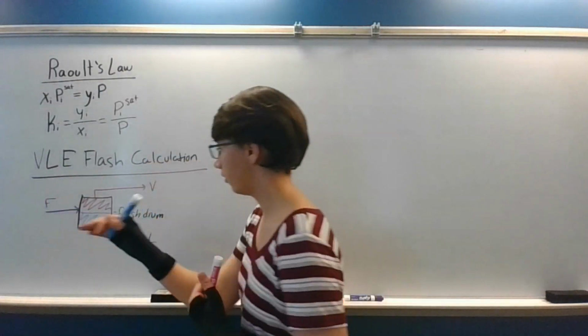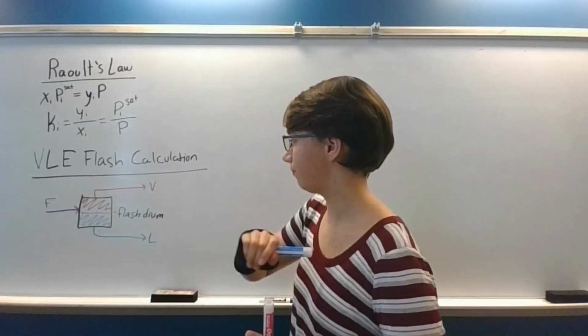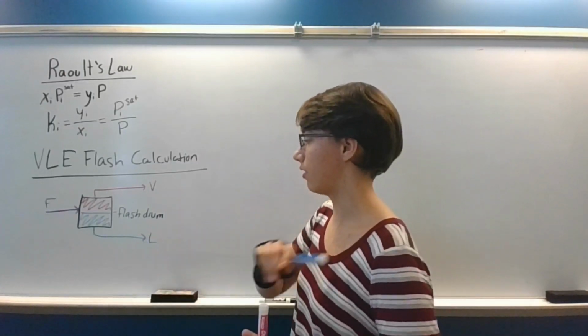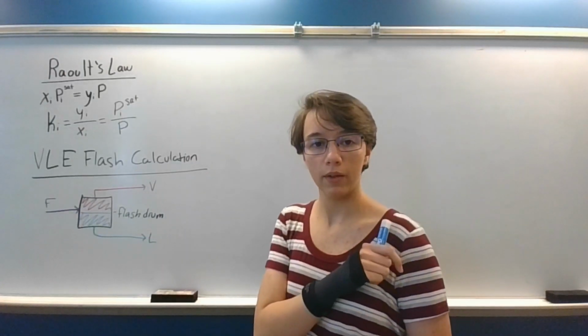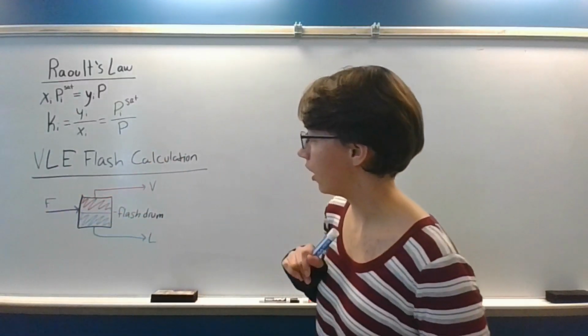These are represented by V and L respectively. So the V is the amount of moles of vapor that we end up with, and the L is the amount of liquid that we end up with.